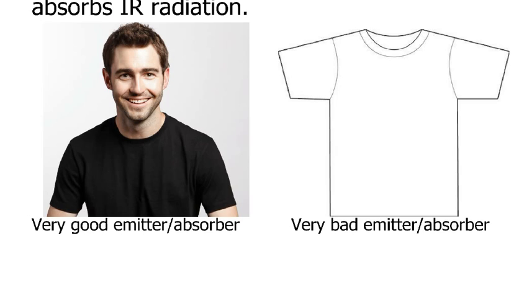The details of that are beyond what we need to talk about in this course, but you're going to need to know dark colors, black especially, are very good emitters and absorbers of infrared radiation, and white or light colors are very bad emitters and absorbers of infrared radiation.